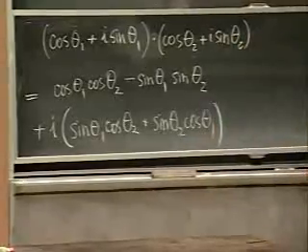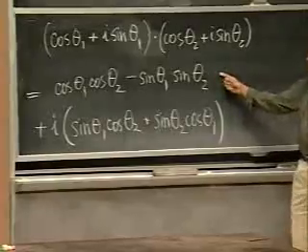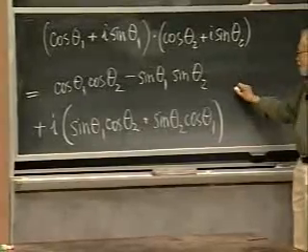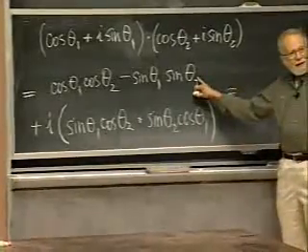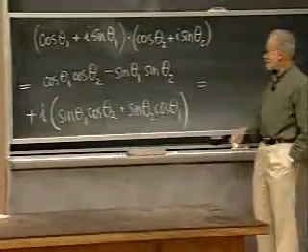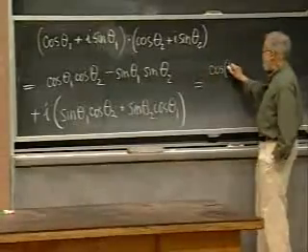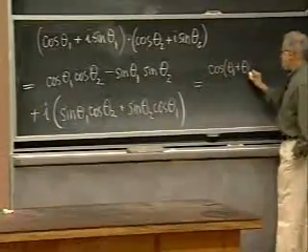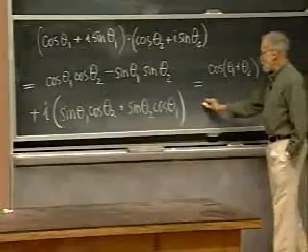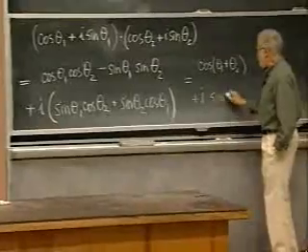Well, it looks like a mess, but again, high school to the rescue. What is this? The top thing is a disguised form of cosine of theta 1 plus theta 2. And the bottom is sine of theta 1 plus theta 2.